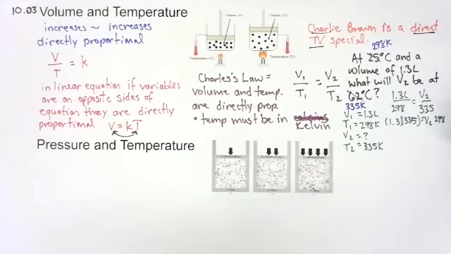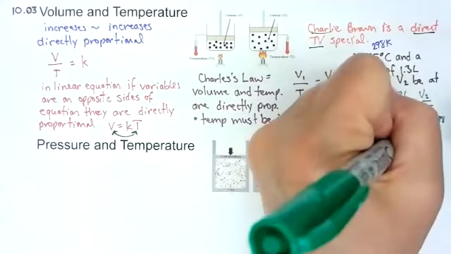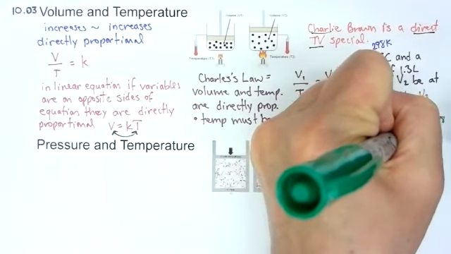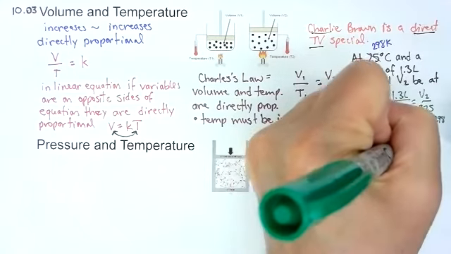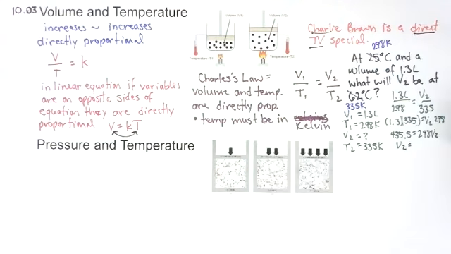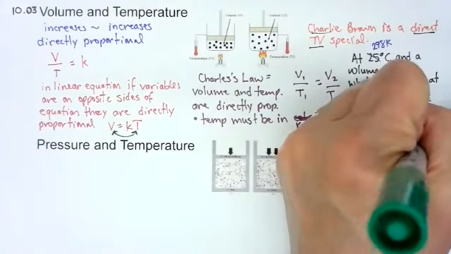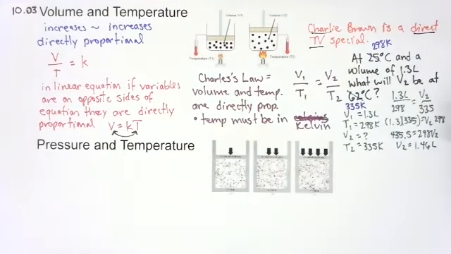And when I solve, 1.3 times 335 is 435.5 equals 298 V2. So that's going to give me a volume of 1.46 liters. Let me just double check my math there. Yep. Okay.